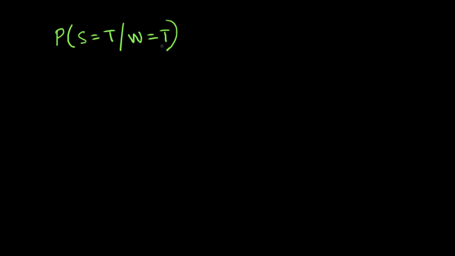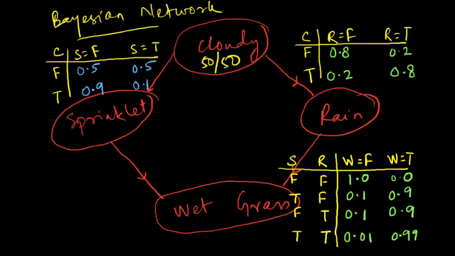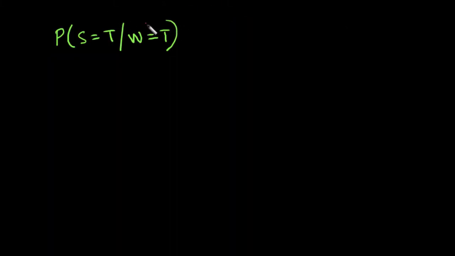So let's say in the previous page we saw this table where if you knew that your sprinklet and the rain are true, false, false, true, or whatever, you can predict that the grass is wet or not wet depending on these probabilities. But what about the other way around? If you knew that the grass is wet, what can you say about the sprinklet being on or off? So this is the kind of probabilistic inference that can be done by using a Bayesian network.